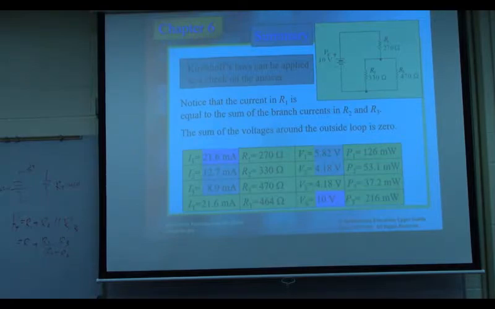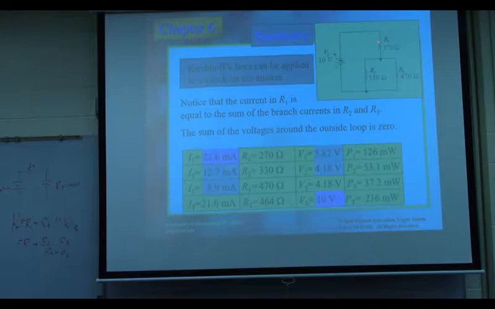And also, the sum of the voltages, KVL, must also be satisfied. Look at this one. On the outside, this largest loop. We start from here, we go up. This number is negative 10.